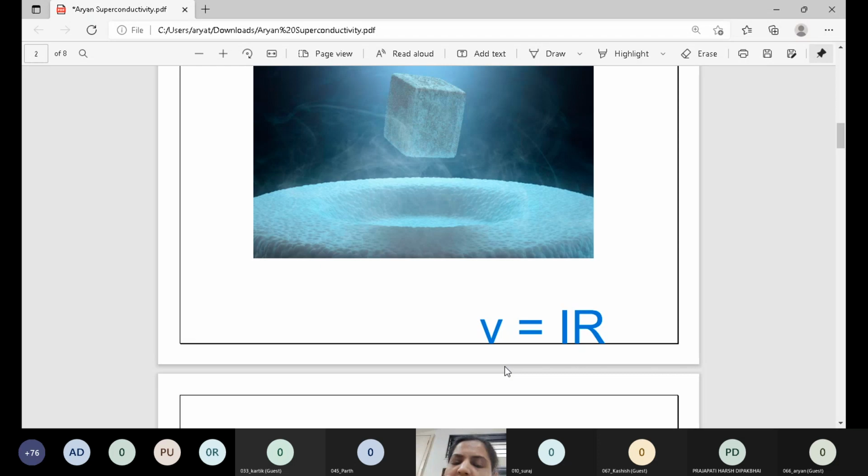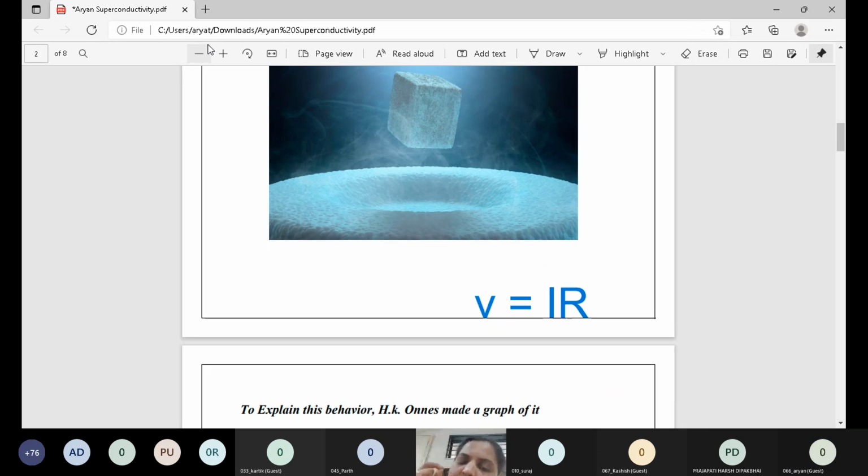Aryan, here is the correction. We have to definitely initiate current in the material. Then you can take off the source. Because it is in superconducting state, there is nothing to oppose. Rightly you said, there is nothing to oppose. Do you think voltage drop will come?